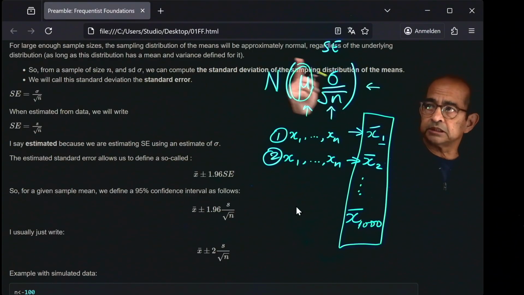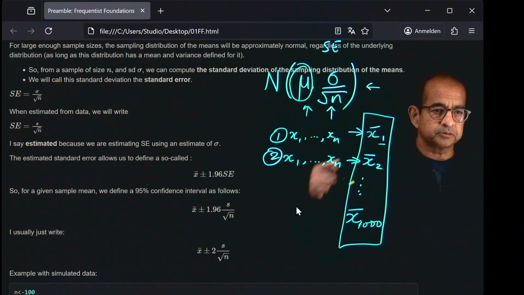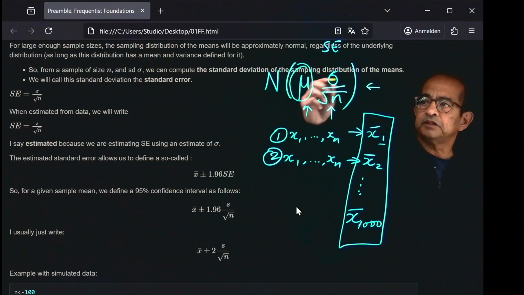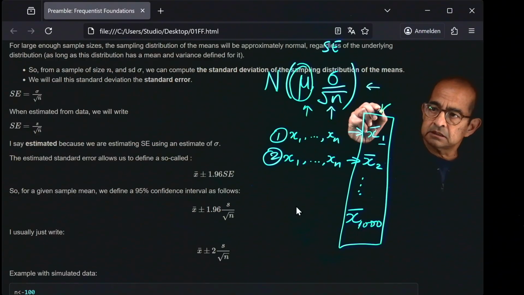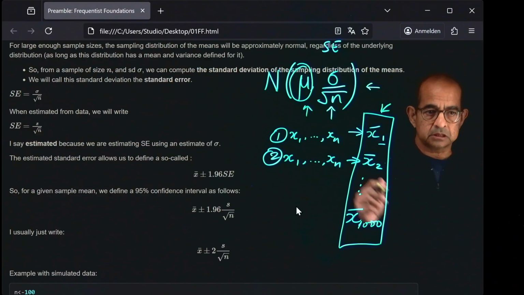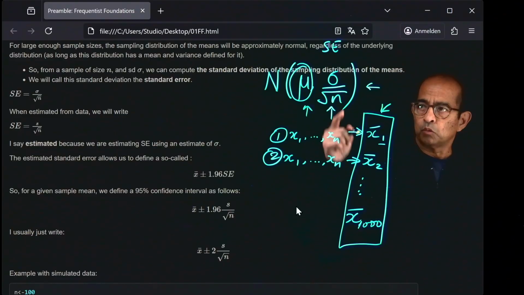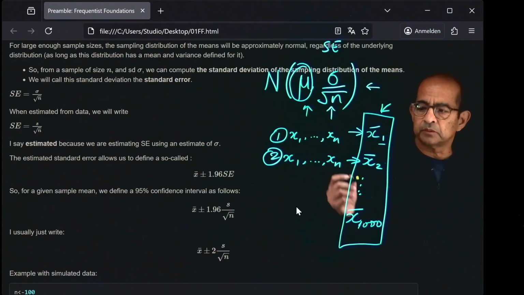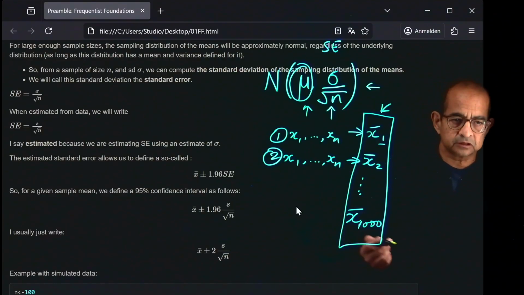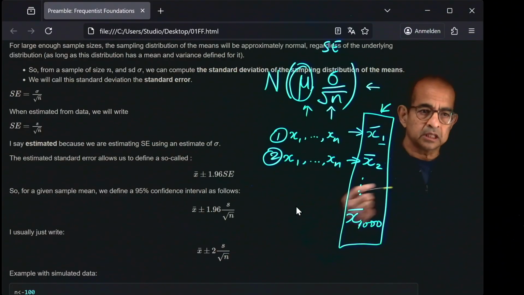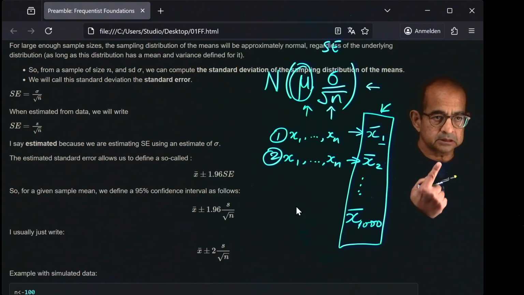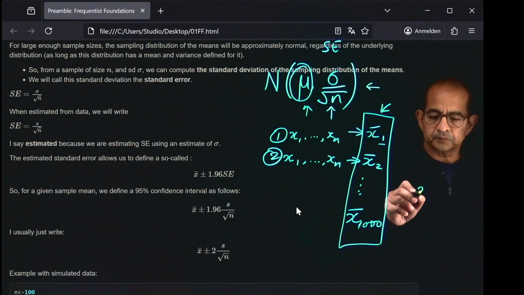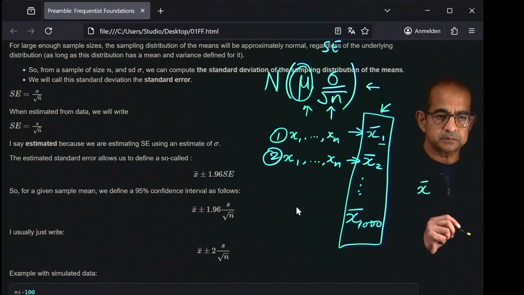Remember that we are assuming that the data were coming from a normal distribution with mean mu and standard deviation sigma, and the standard deviation of the distribution of these sample means would be this standard error, sigma over square root of n. So the practical implication of this is that when we do a single experiment, just one experiment, we compute a sample mean, right?